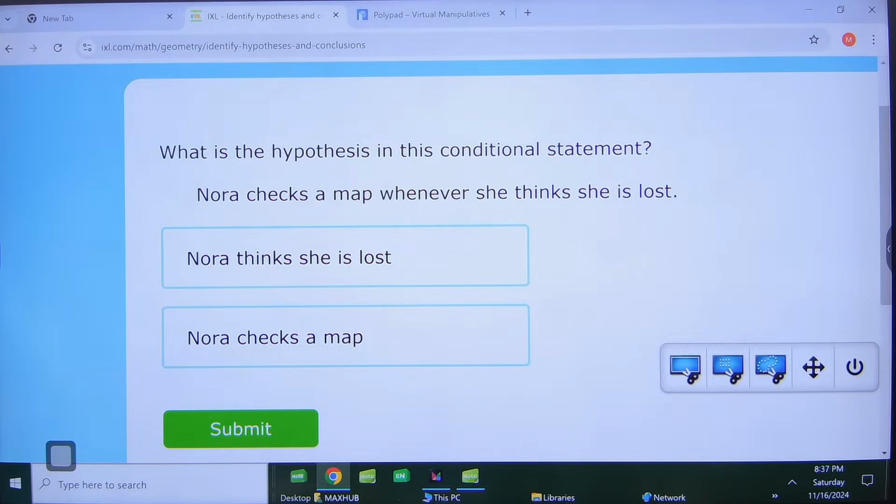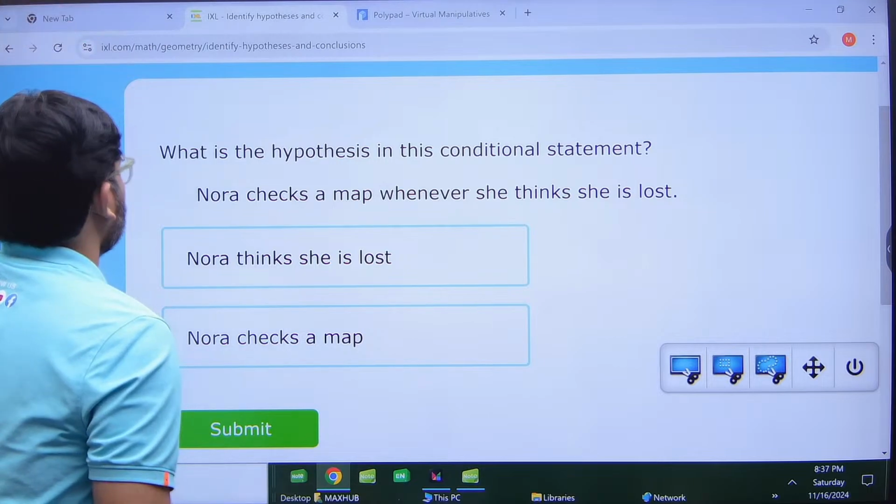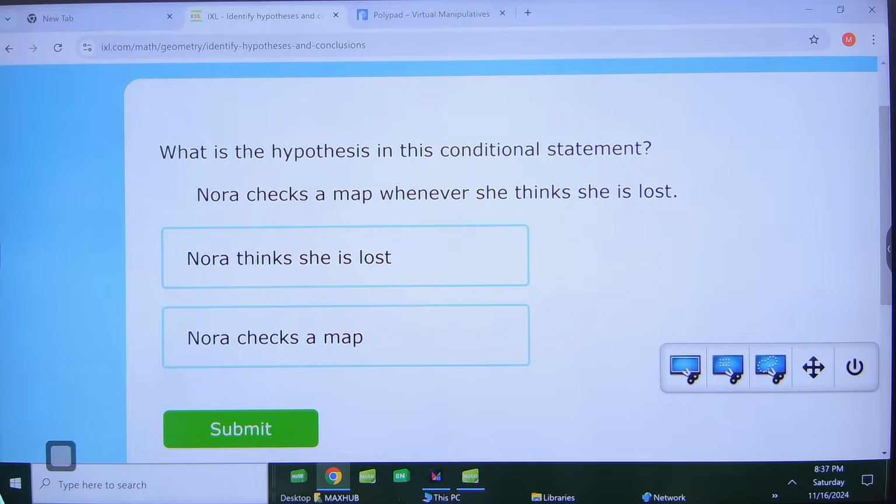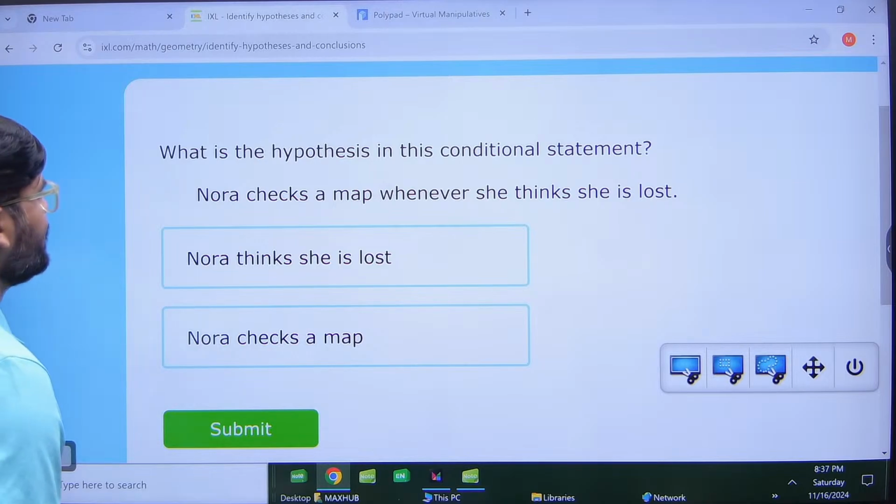Okay. Yes, sir. Hypothesis in the condition. It can be seen in two ways. Like if she is lost, Nora checks the map. If Nora checks the map, she is lost. So it can be either. No, it can be both. I'm saying, let us see.